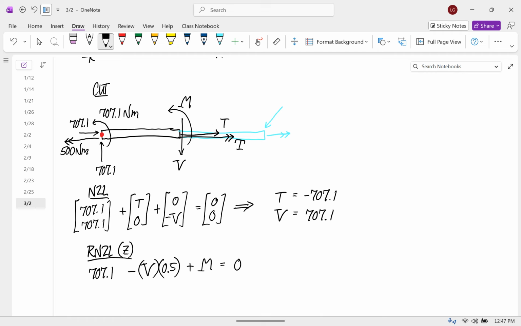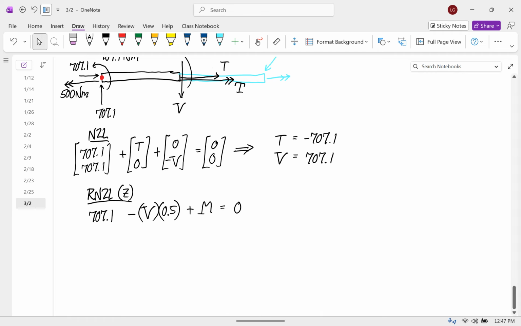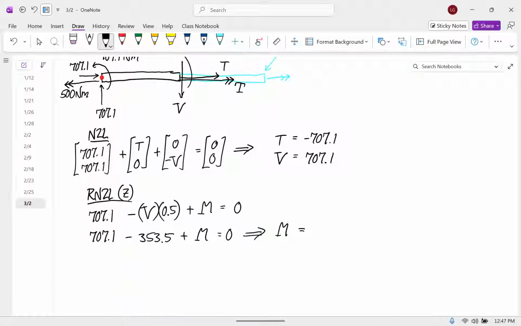We figured out what V is up here, and so we can write this as 707.1 minus 353.5 plus M is equal to 0. And so that internal bending moment is negative 353.5.